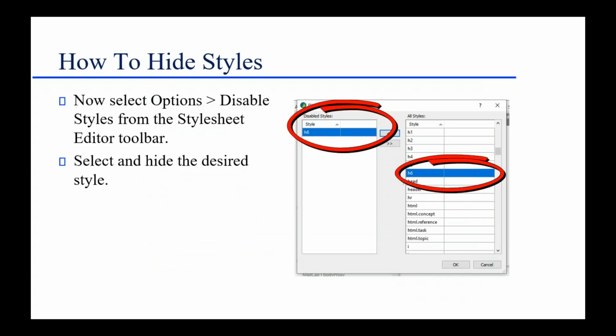So I want to hide it. Not a problem. What I do on the Stylesheet editor is I just select the options drop down, and there's a disable styles option. Select that. And then in the right-hand column, I'll select the style that I want to hide. And I can either double click on it or I can click that double left arrow in between the two windows. And that style is now hidden.